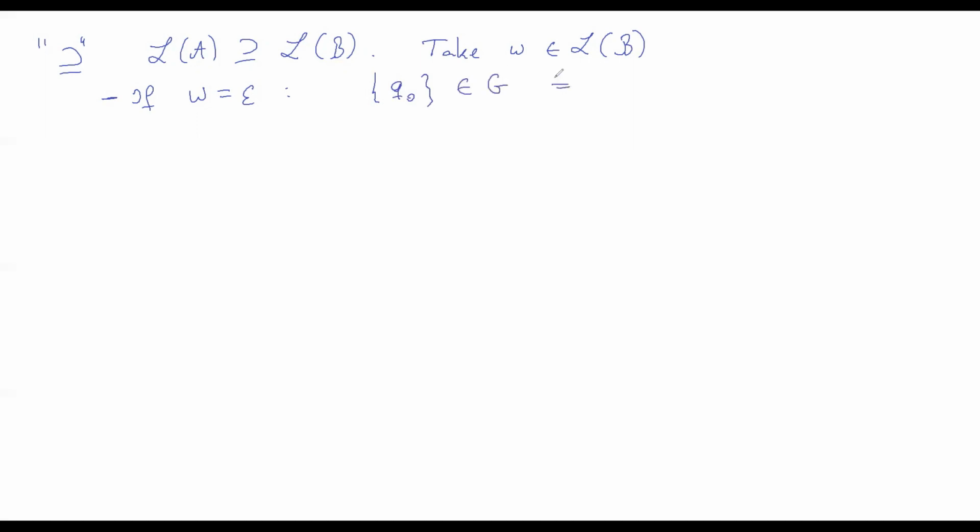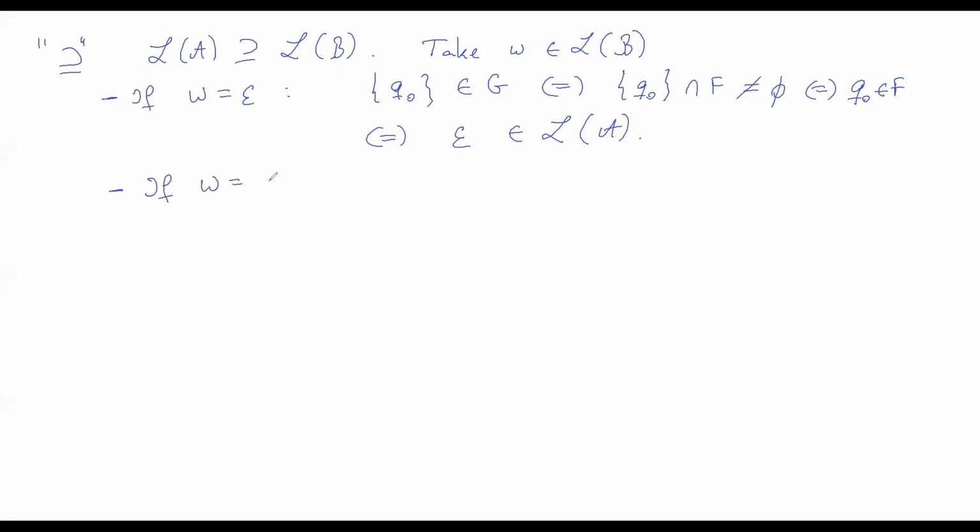And by the way we have defined this, it means that Q0 intersected with F, being the final states from A, is non-empty. And obviously this is the same as saying Q0 is in F, and that's the same as saying the epsilon, the empty word, is accepted or recognized by automaton A. So in this case, it works out.